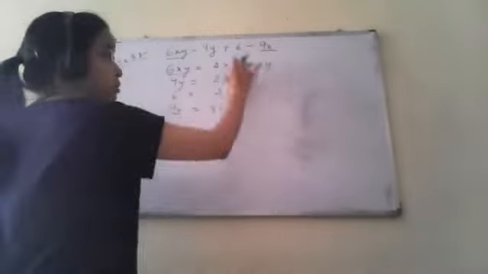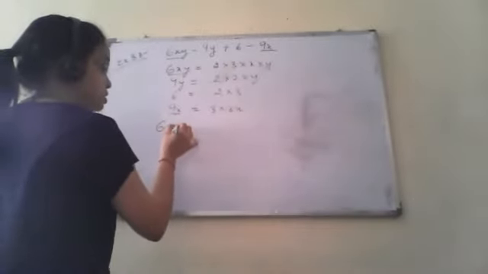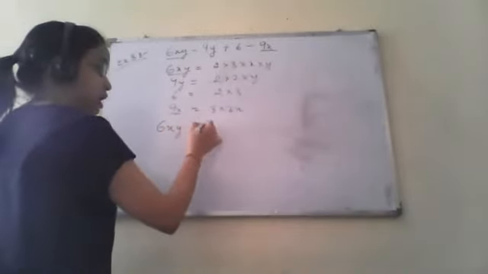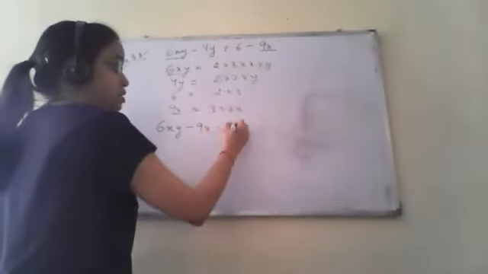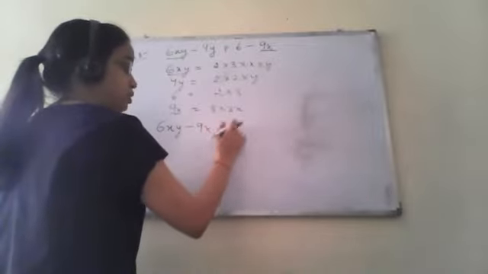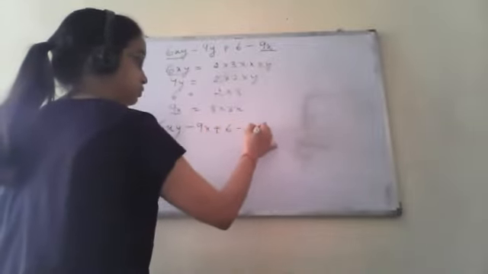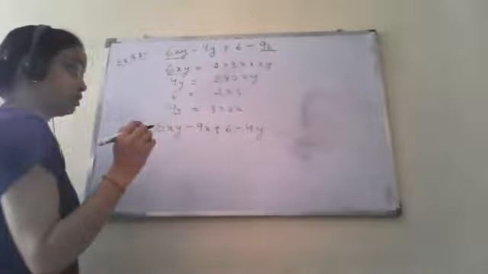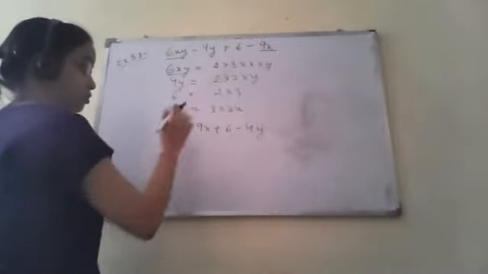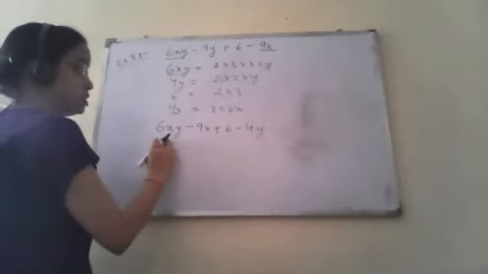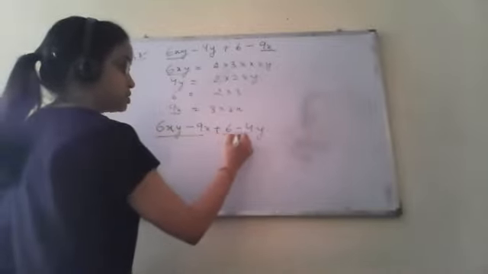From this we can see we can take 6xy and 9x together, because they have something common between them. So we can rewrite this as 6xy minus 9x, and then minus 4y plus 6. We are just rearranging things. We are not changing the sign or increasing or decreasing the value. Now we have to regroup these terms.